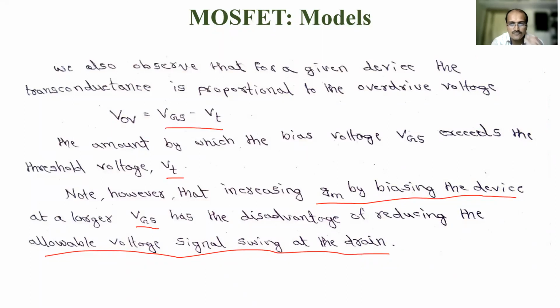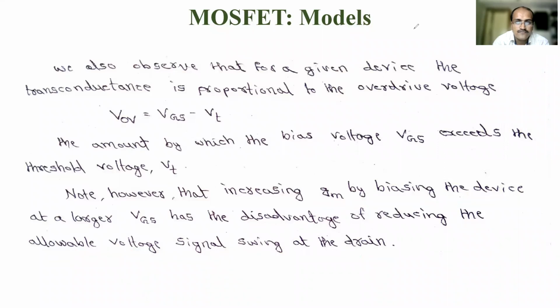That's why it should be within a certain limit. Transconductance depends on overdrive voltage, but you should not exceed it. There is some limit for everything, so you have to stay in that range. So these are the two important points regarding transconductance which we discussed earlier. Whatever points we missed, we are putting over here and explaining.